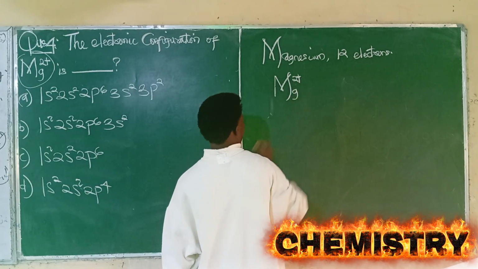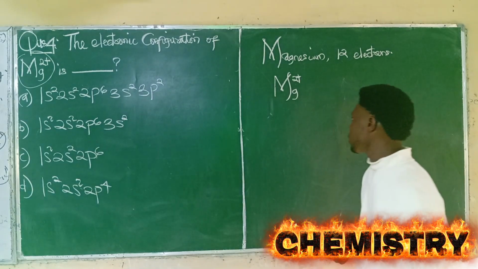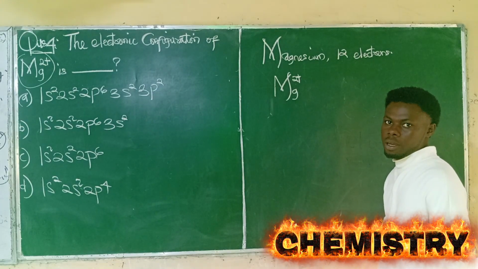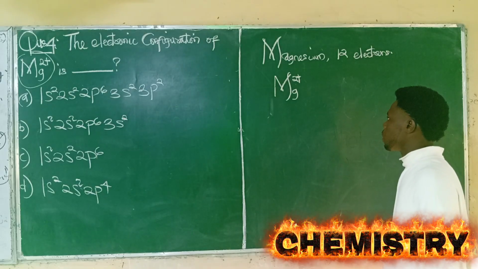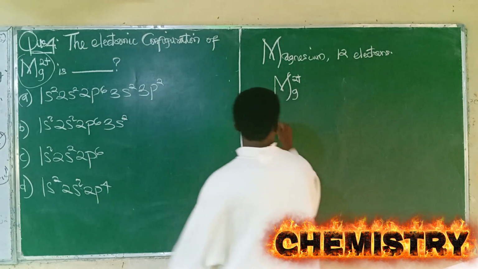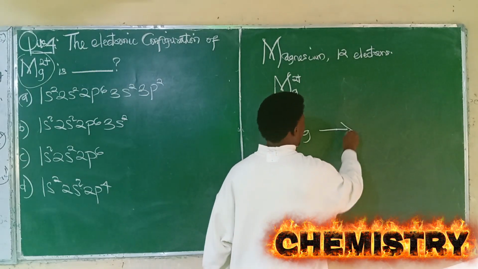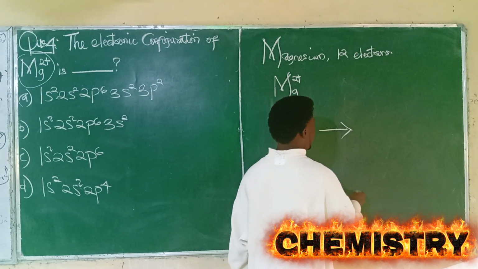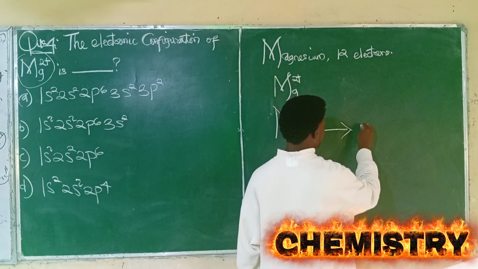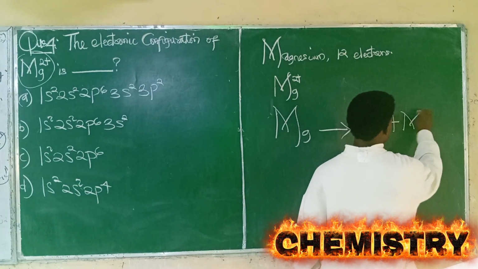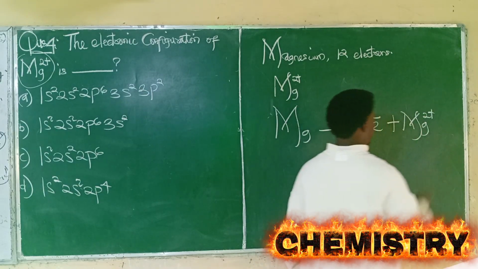Magnesium is a metal in group 2, and when it undergoes a chemical reaction, it will lose the 2 electrons to become a positively charged ion. So we have Mg. When it undergoes chemical reaction, it will lose the 2 electrons to become Mg2+.